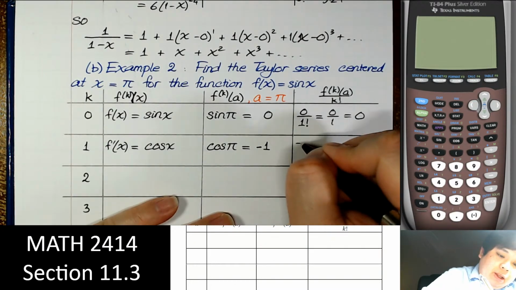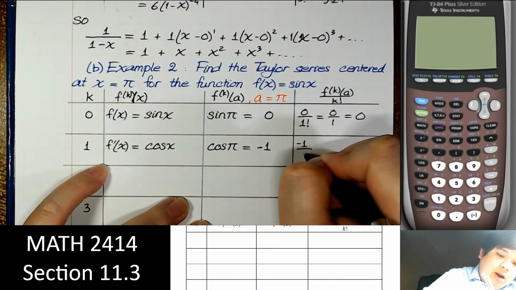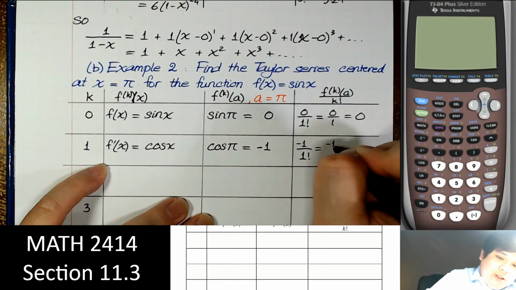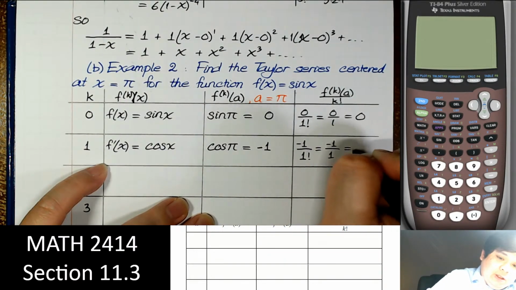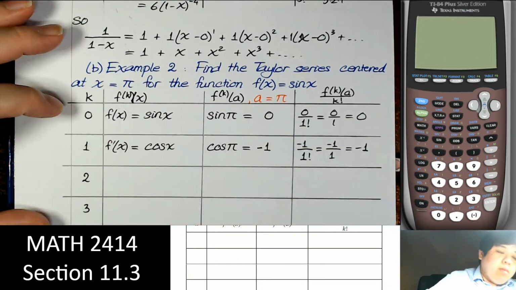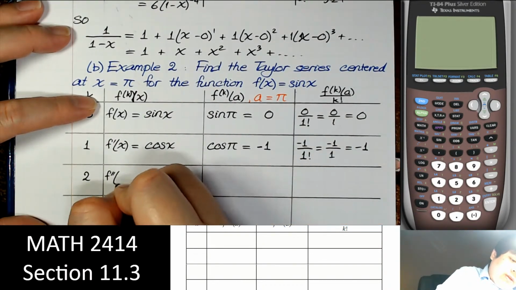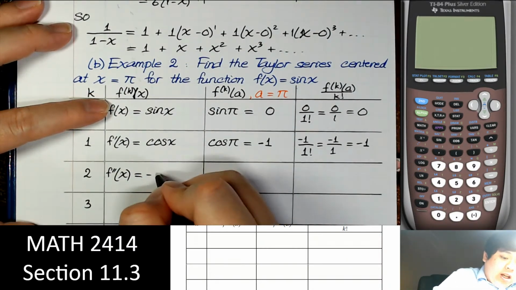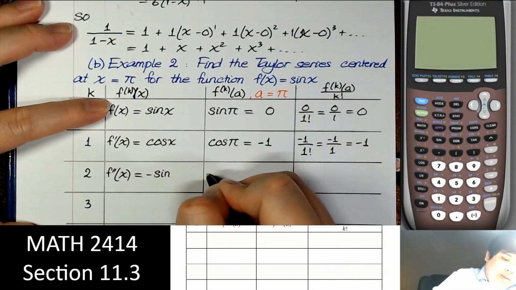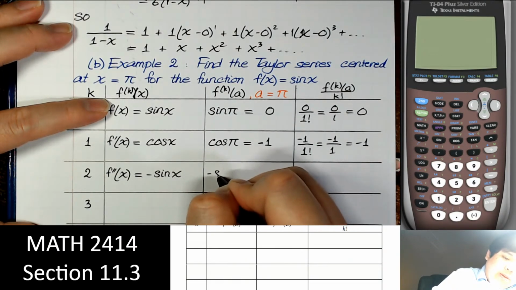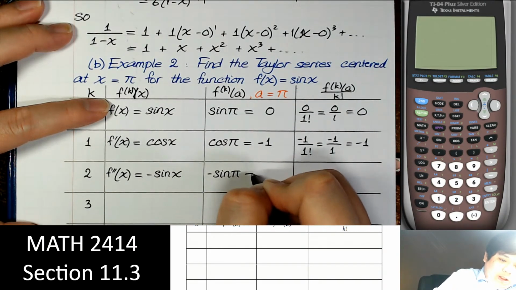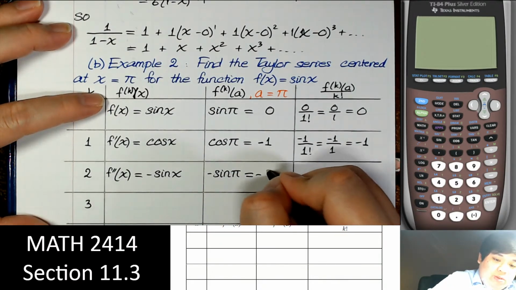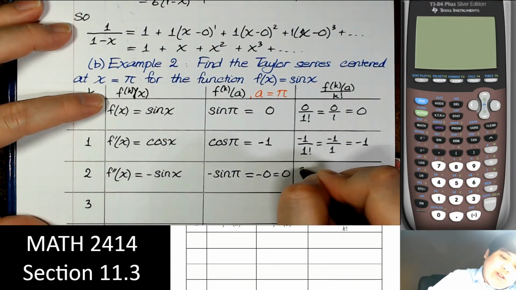So take that, divide by factorial of 1. Take the second derivative. The derivative of cosine is negative sine of pi. Sine pi is still 0, so still 0.